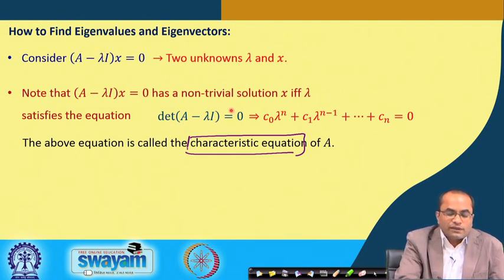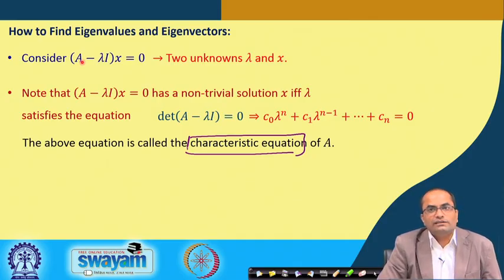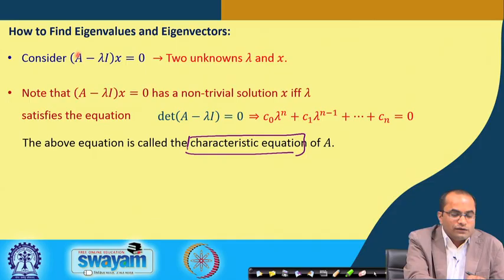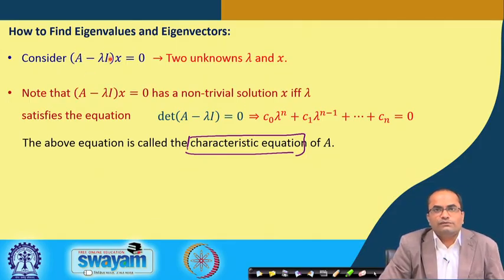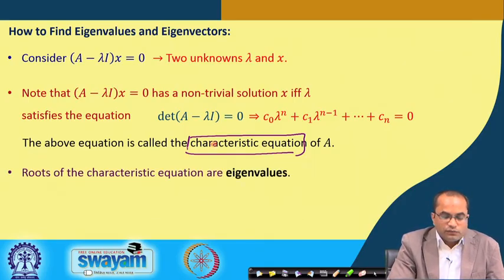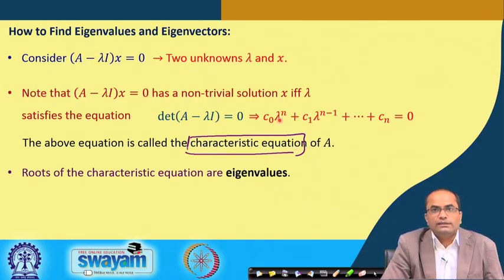But we get our lambda such that the determinant of A minus lambda I becomes 0, and therefore automatically for these lambdas we will get the non-trivial solution of (A minus lambda I) x is equal to 0. So the roots of this characteristic equation are exactly called the eigenvalues, because this lambda is the eigenvalue.